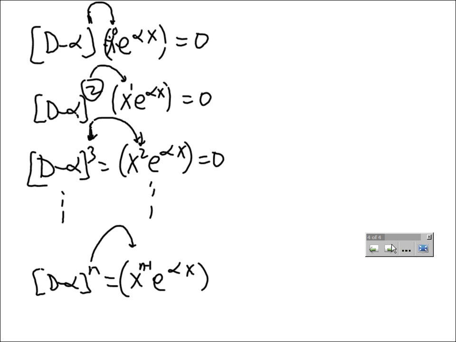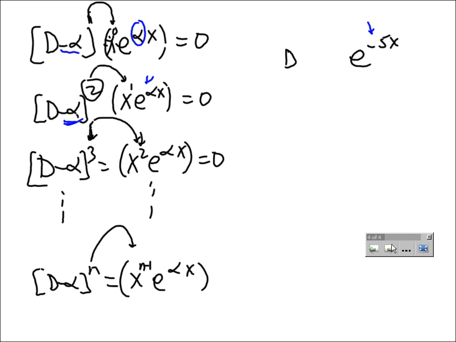This will always work. Okay, so again, if you want to annihilate e to the negative 5x, one other thing which I failed to bring up. If the power is a, then we do d minus a.